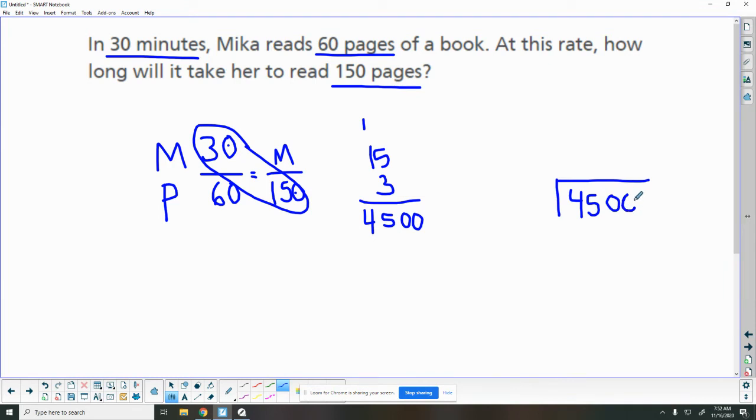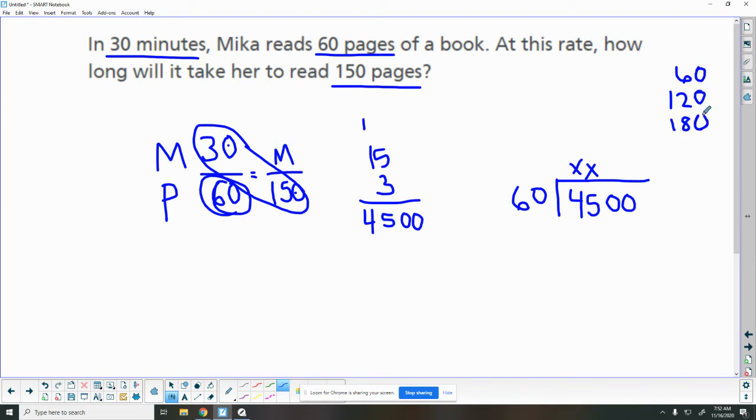That's our dividend. And then we're dividing by 60, all alone. So 60 goes on the outside. It can't go into 4 and it can't go into 45. So we need to see how many times 60 goes into 450. This is really like counting by 6s, 12, 18, but then we just add our zeros.